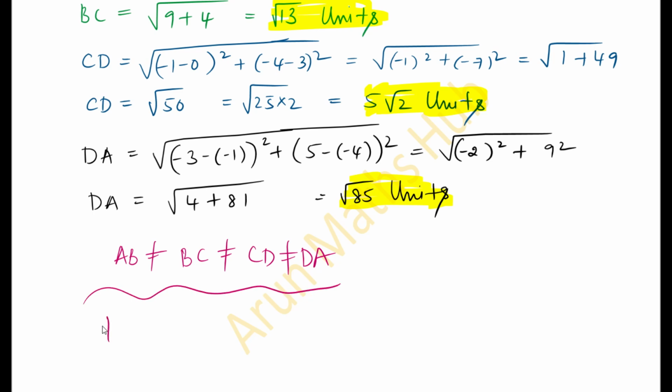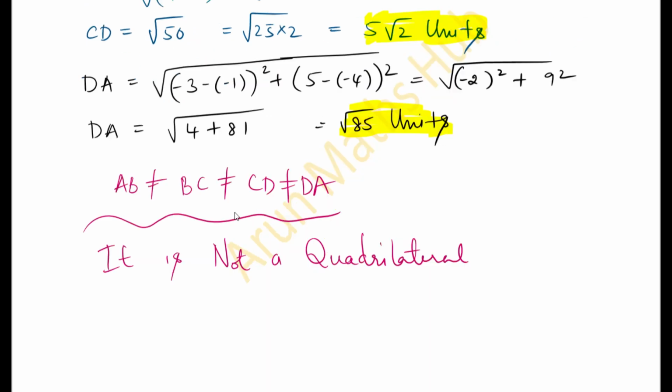Hence we can say that it is not a quadrilateral. The given points do not form a quadrilateral. If you find out the diagonals AC and BD, again the diagonals will not be equal. Hence the points ABCD do not form a quadrilateral.